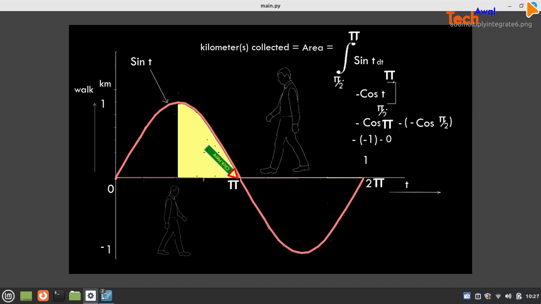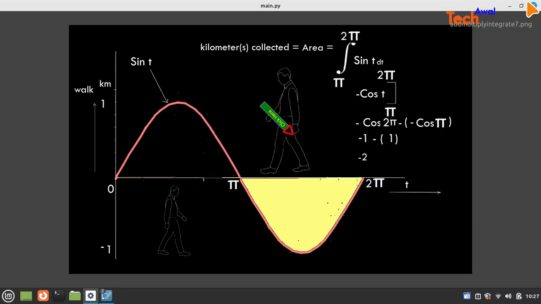Then if he proceeds, the sine wave goes into the negative direction, means he is coming back. Sine wave in the positive direction means he is going forward. Sine wave in the negative direction means he is coming back. So if I calculate how much he has walked from pi to 2 pi, that is minus 2.